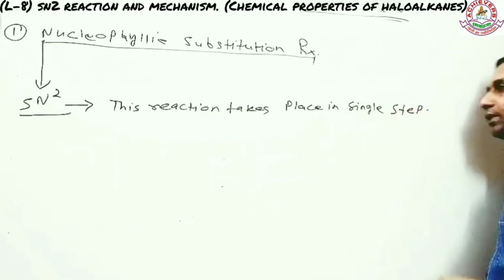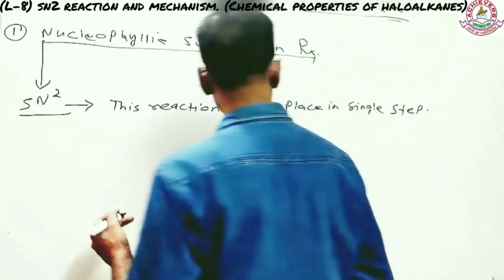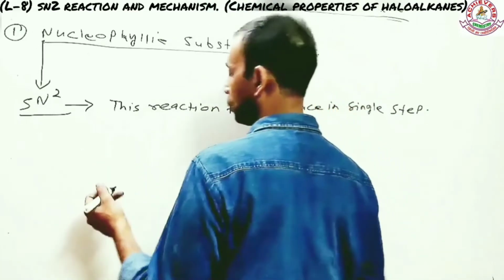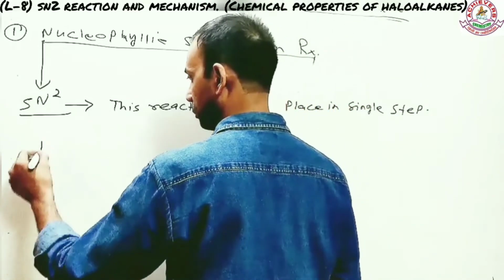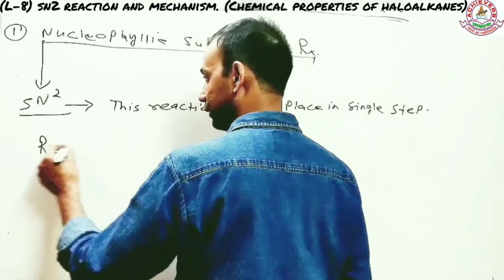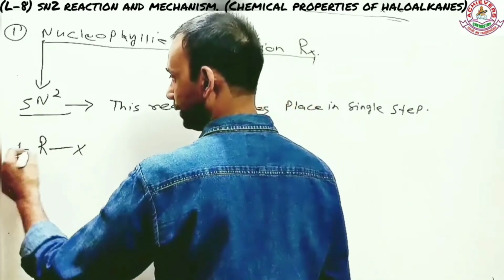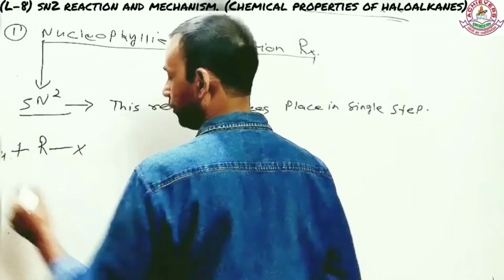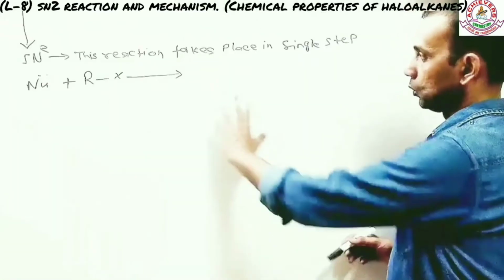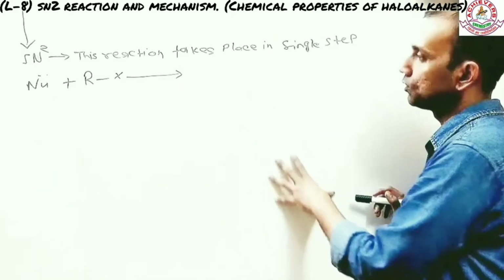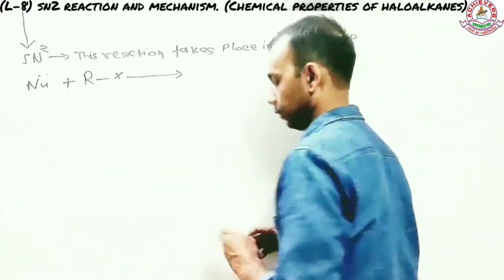This whole reaction takes place in just one step. How does this reaction take place and why is it just a one-step process? Let's talk about it. There is any haloalkane, and when you let the haloalkane react with the nucleophile, you do understand this. So as I have mentioned, the reaction takes place in a single step. Let's go with the reaction right now.